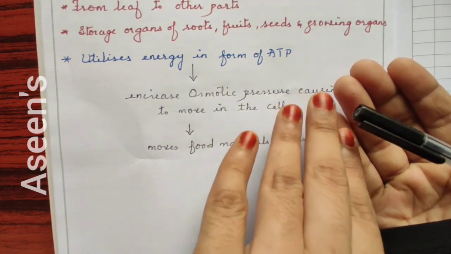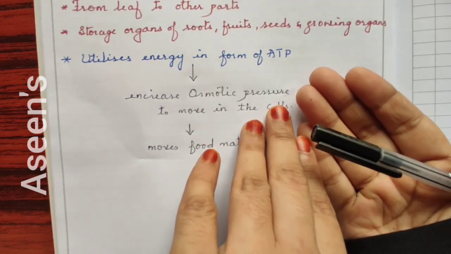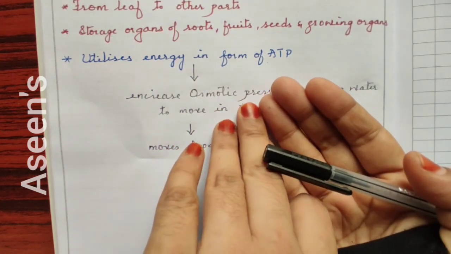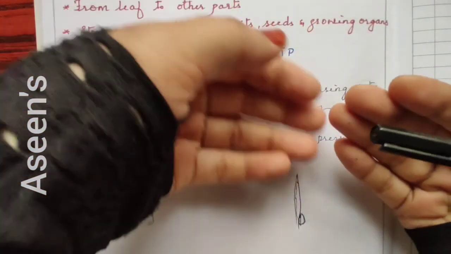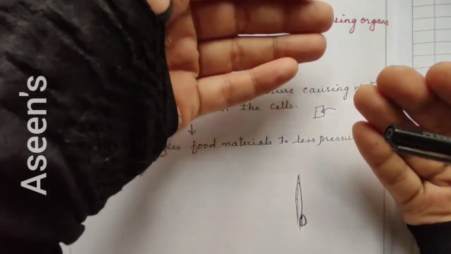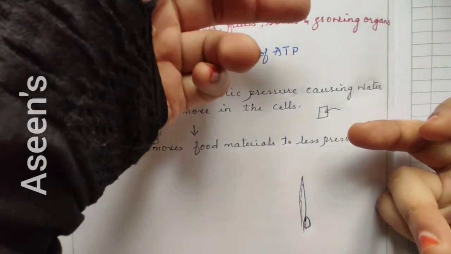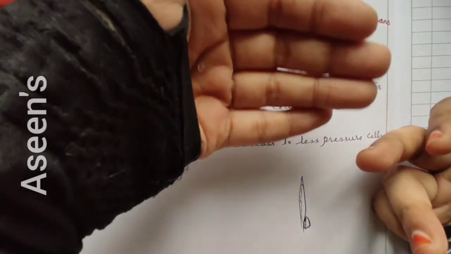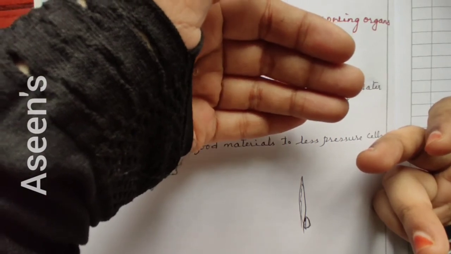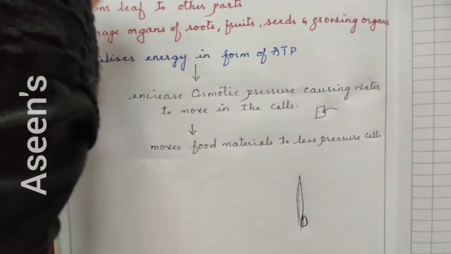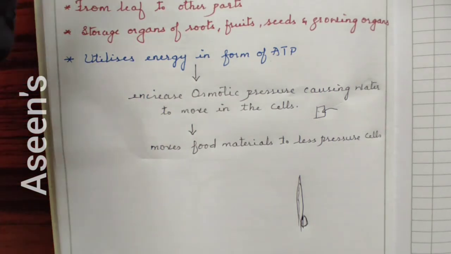Now further on, again the osmotic pressure is increased, again the food will start to move to the lower pressure area. So this process goes on until it reaches the target organs, and it supplies food to each and every cell of the plant body, towards the upper side as well as the downward side, including the roots and root hairs as well. So that is how it happens in case of transportation by phloem.